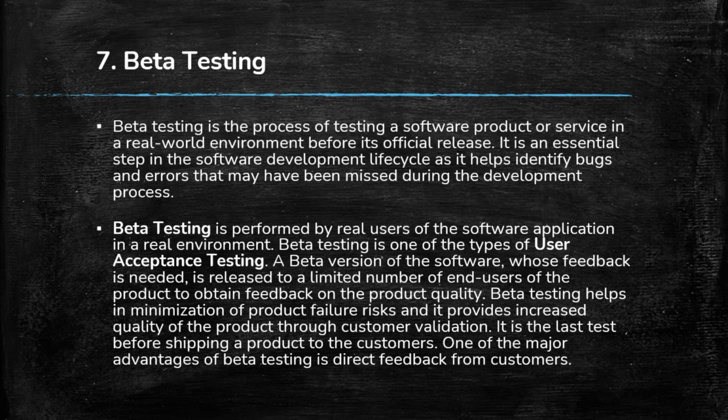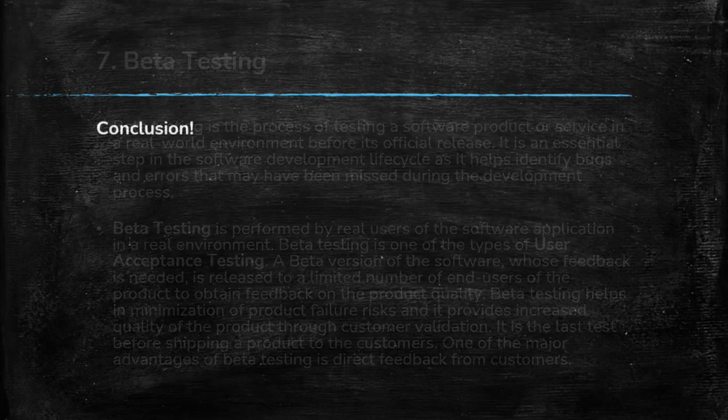Beta testing helps minimize product failure risks, and it provides increased quality of the product through customer validations. It is the last test before shipping the product to the customers. One of the major advantages of beta testing is direct feedback from customers.